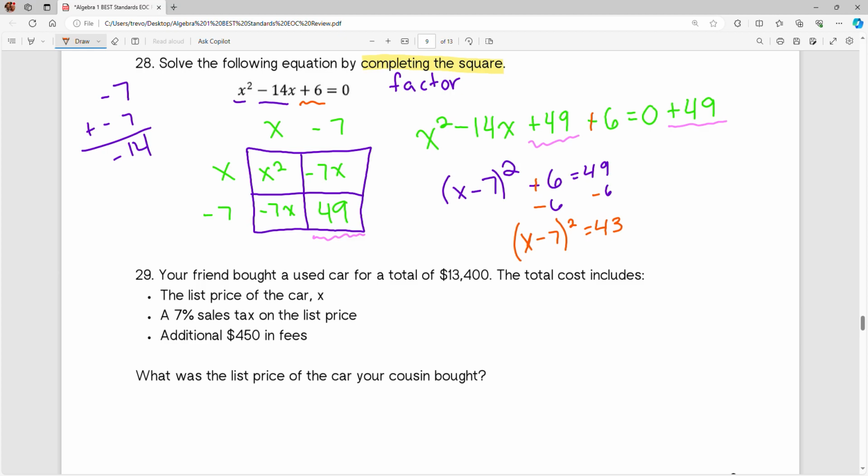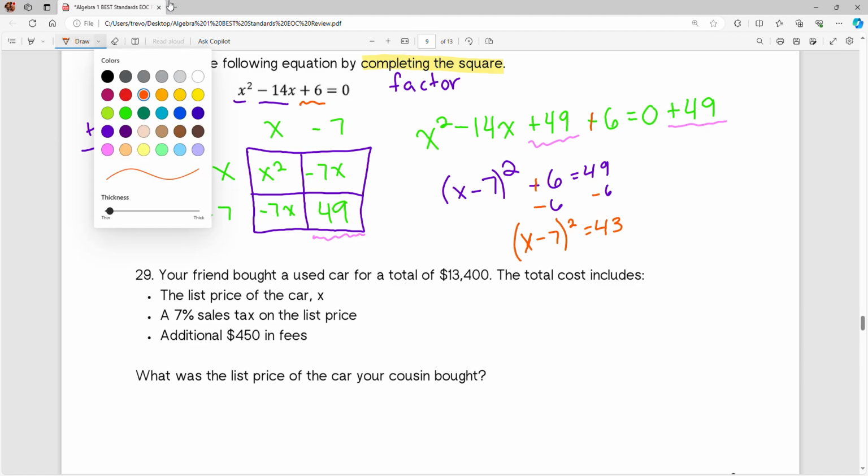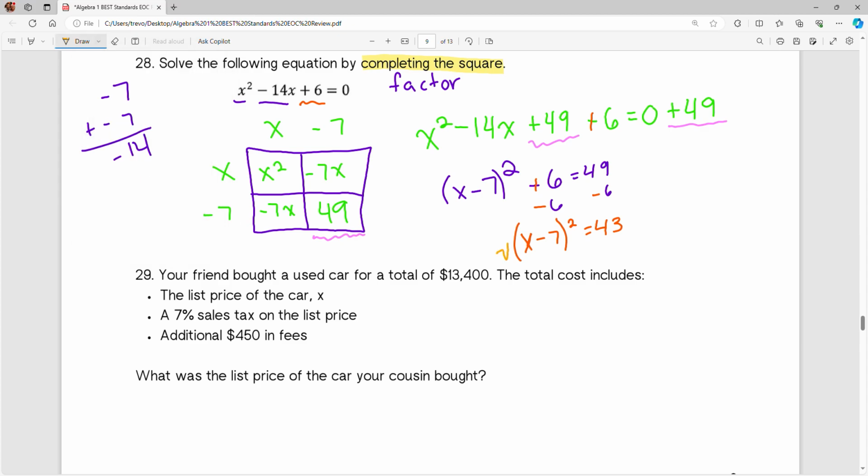Okay, so x minus 7 squared equals 43. And now to solve for x, how do we undo something squared? You take the square root of both sides. So when we do that, it becomes square root, and this could be either positive or negative.